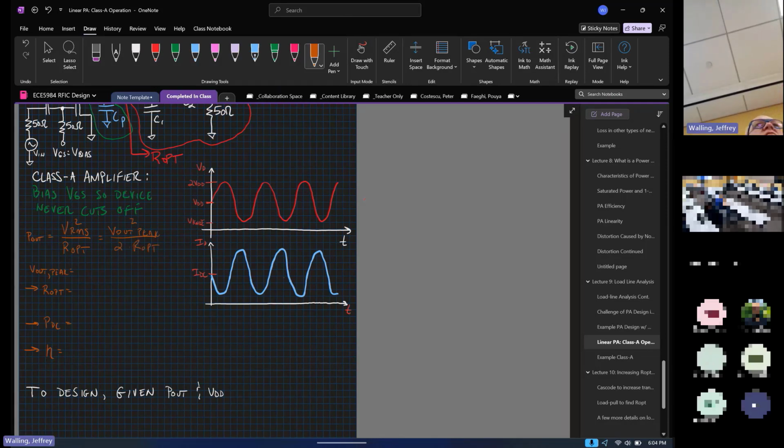So I've just converted from RMS voltage to peak voltage with a factor of square root of 2. And we know that V out peak is equal to VDD. Here I'm neglecting the fact that there is a knee voltage that isn't quite 0 volts, but we're just doing hand analysis, so it's okay. We plug everything in, and we can find R opt is equal to VDD squared over 2 times P out.